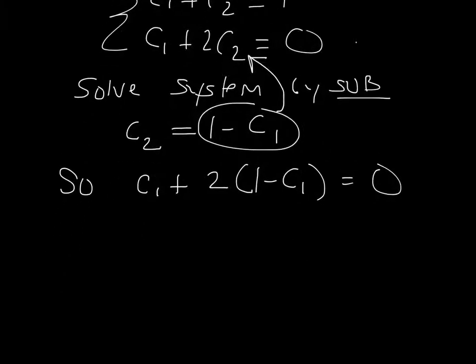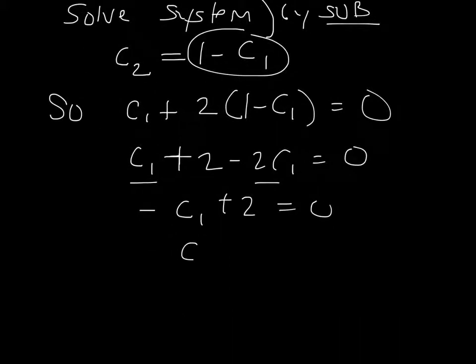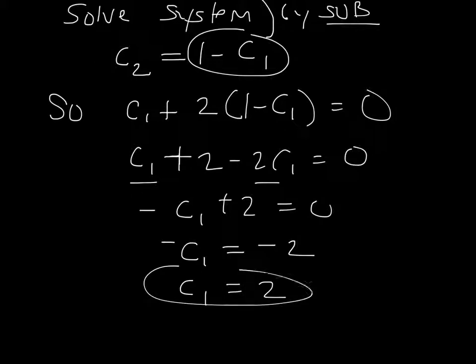Right, so now I have an equation in C1, and I can just distribute. And I'm left with negative C1, that's a plus, plus 2 equals 0. And then, of course, if I subtract 2, and then, of course, divide by 1. So C1 is equal to 2.